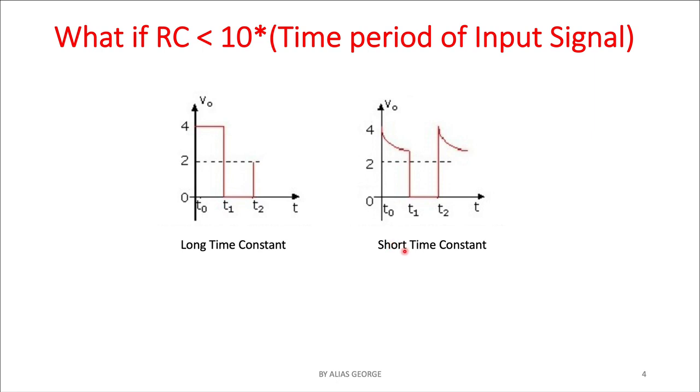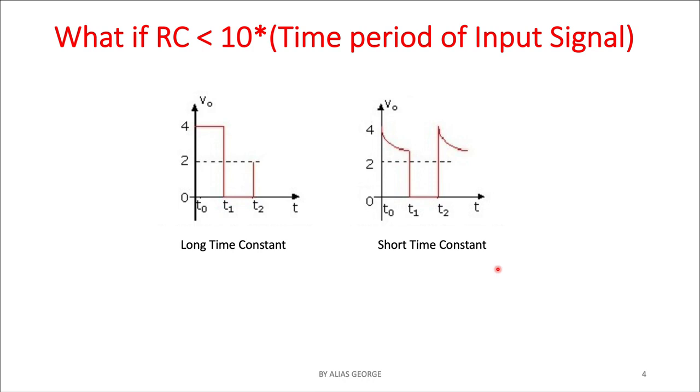But what if it is a short time constant? Then the capacitor will not provide the constant voltage. The voltage will be varying, drastically lowering. So we will get a distorted shape if the time constant is short.